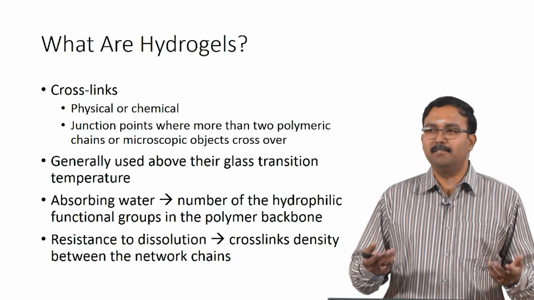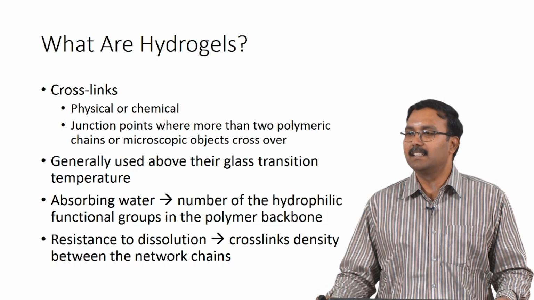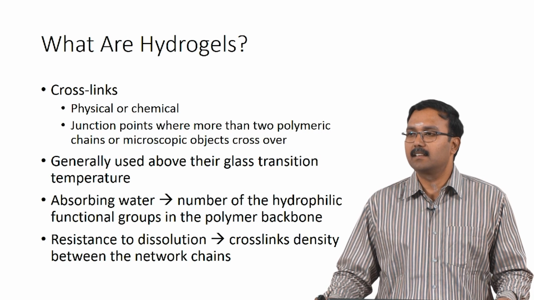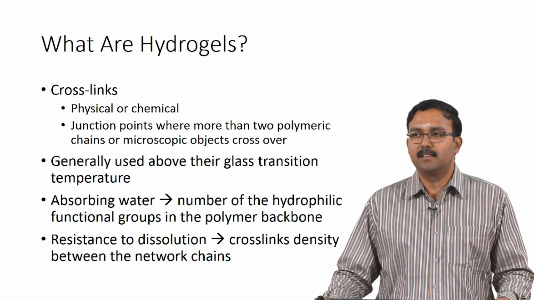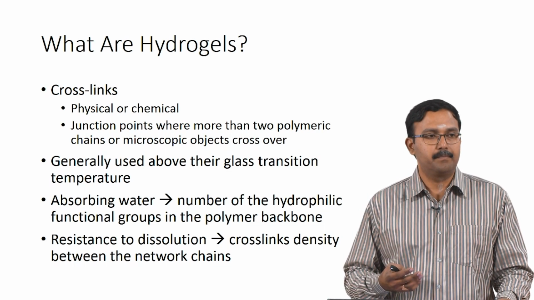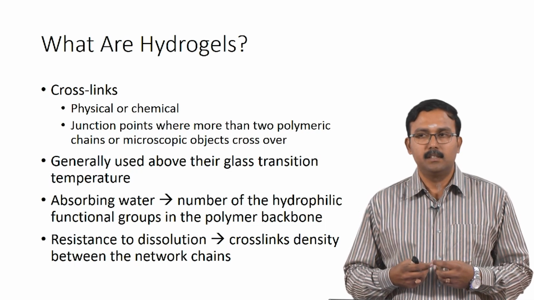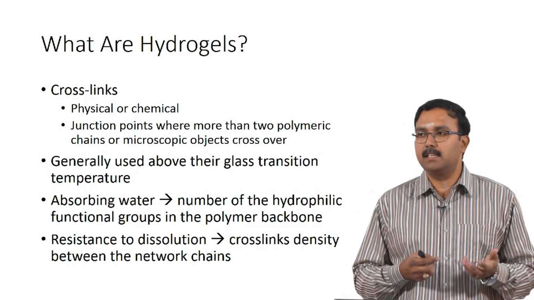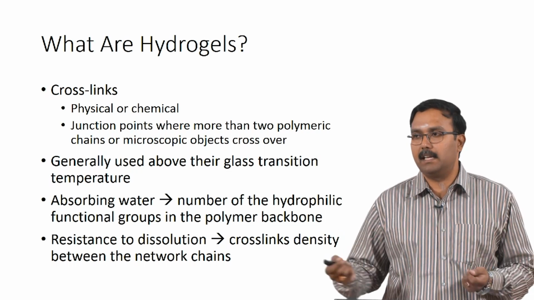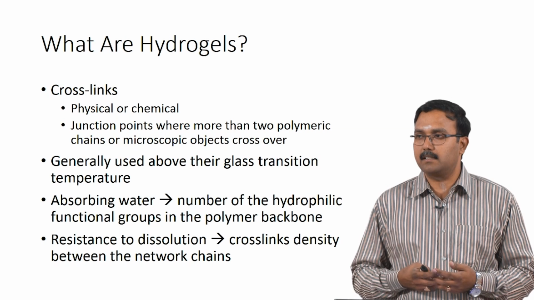Okay, above this temperature, the material will behave like a rubber, whereas below it, it will be a solid. It will be like a glass. So from a glassy state, it will move to a rubbery state. That transition happens at a temperature called the glass transition temperature.